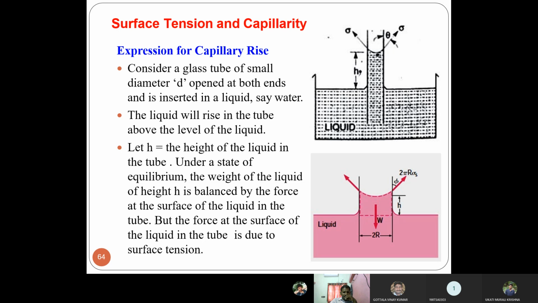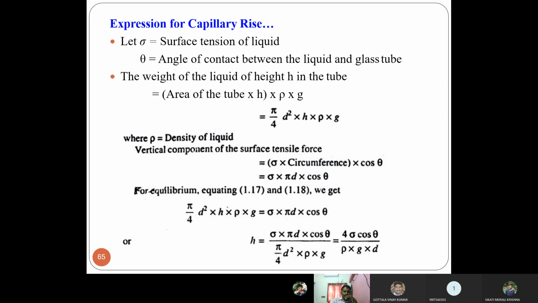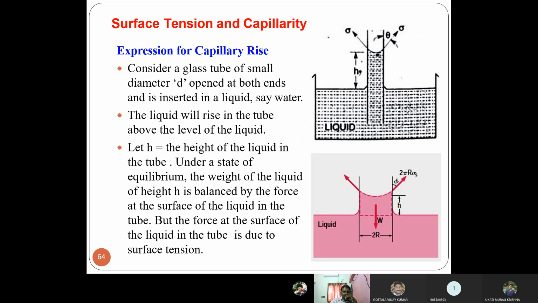Just assume it is a vessel or a beaker, which is filled with water or liquid. Take one glass tube and dip that glass tube into the water. Because of capillarity, what will happen?